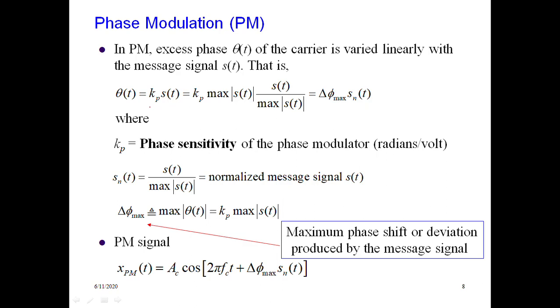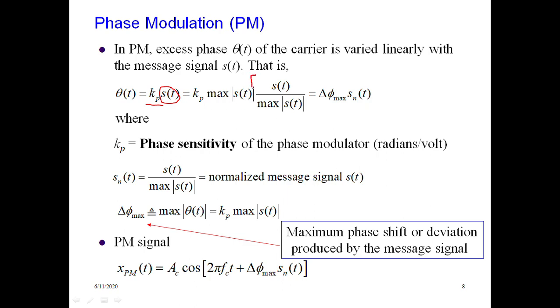This kp s(t) is new to you. Only in angle modulation do we have this phase sensitivity and frequency sensitivity. What does that mean? We vary the signal, but we have a coefficient or factor that determines how much the phase change will affect this excess phase.